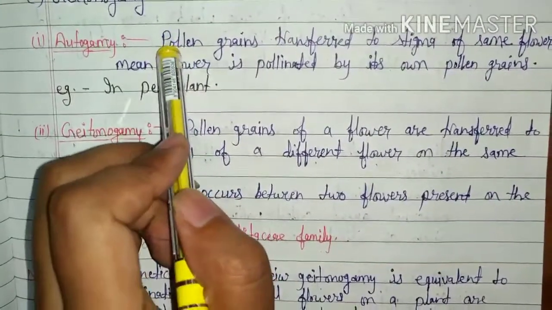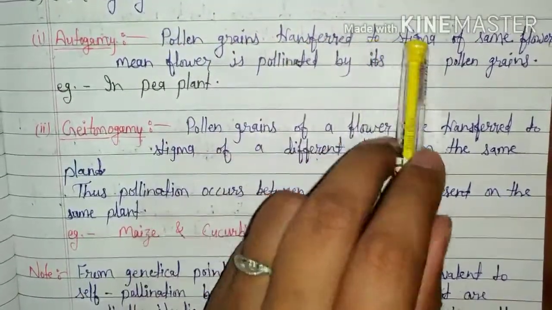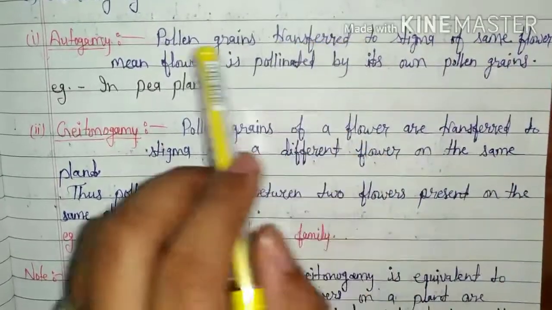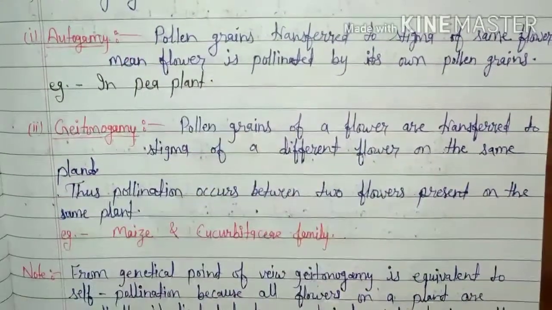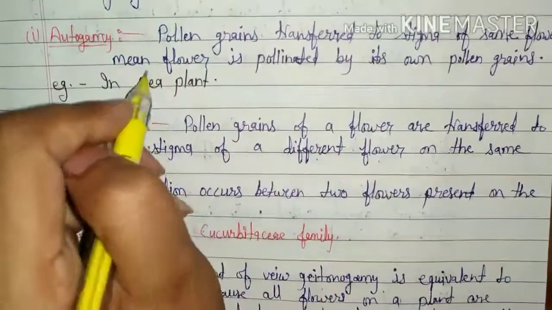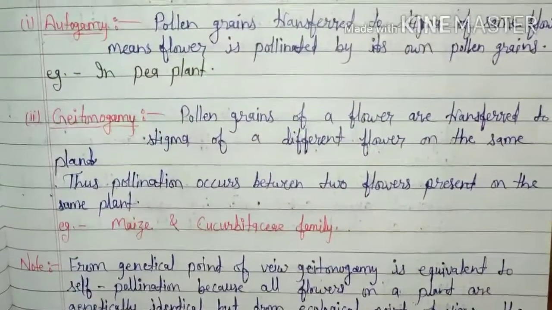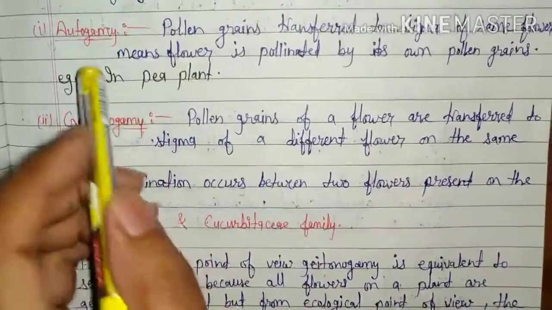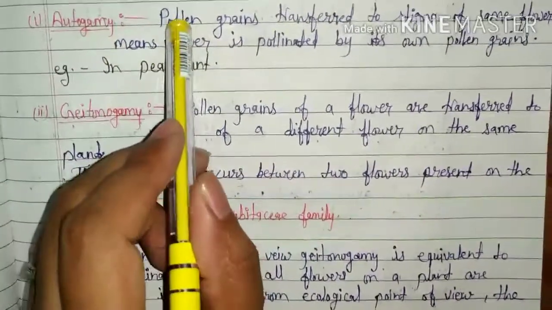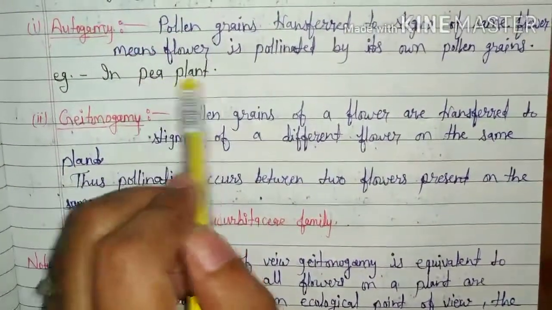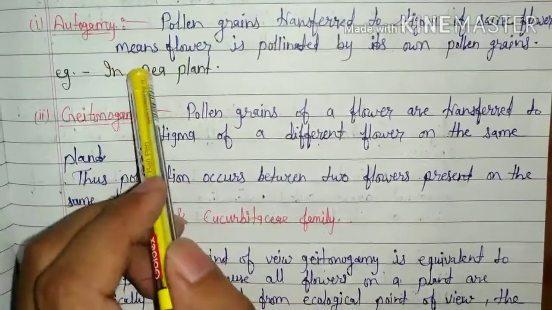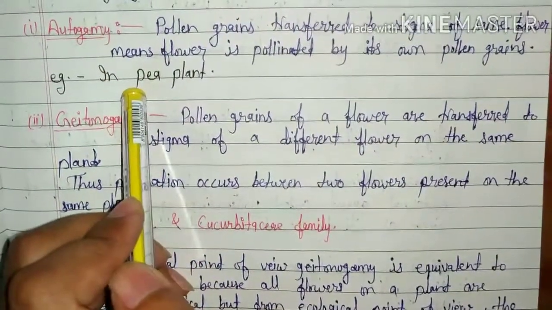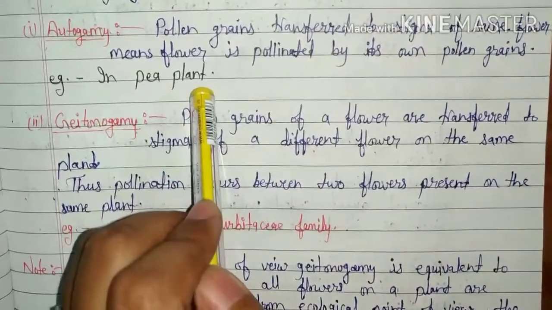When pollen grains are transferred to the stigma of the same flower, it means the flower is pollinated by its own pollen grains. For example, this type of pollination occurs in the pea plant because the pea plant is bisexual.